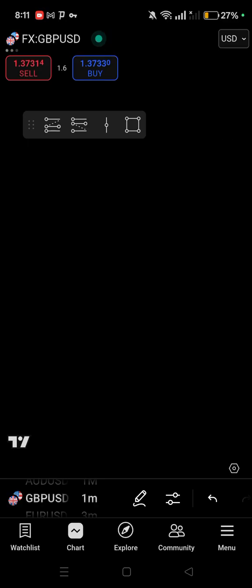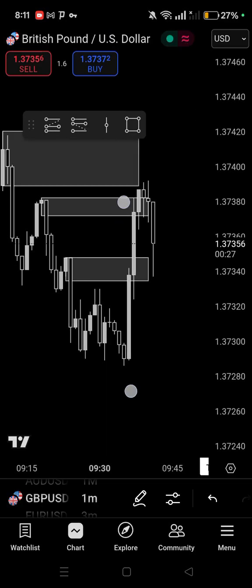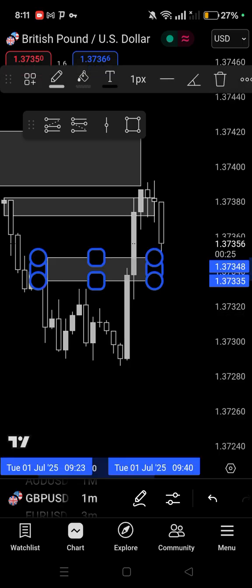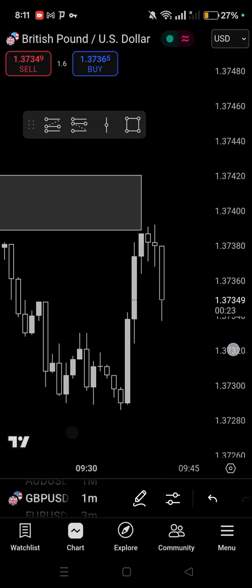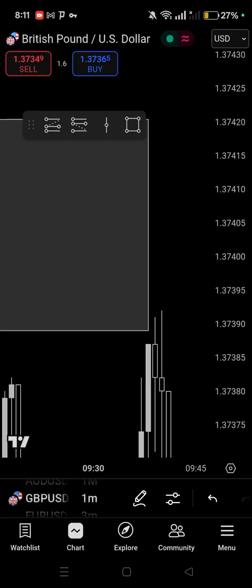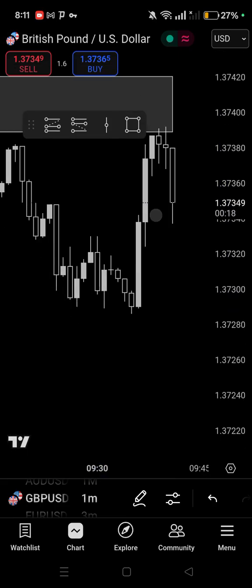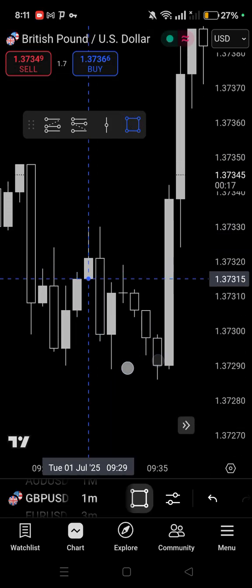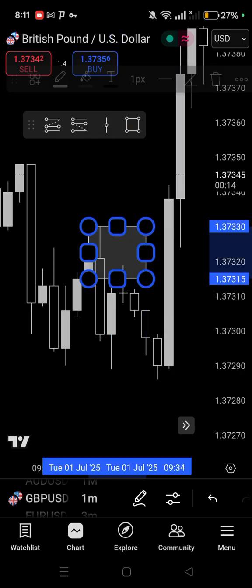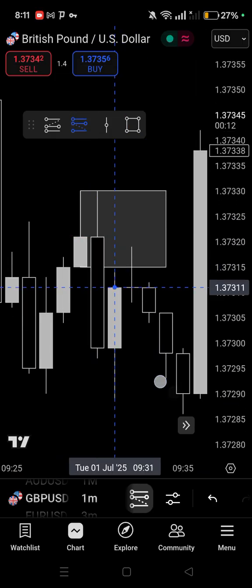So yeah. This one was pretty invalidated. Okay, so I took very valid trades though. These are valid trades and I'm proud of that. I really am.